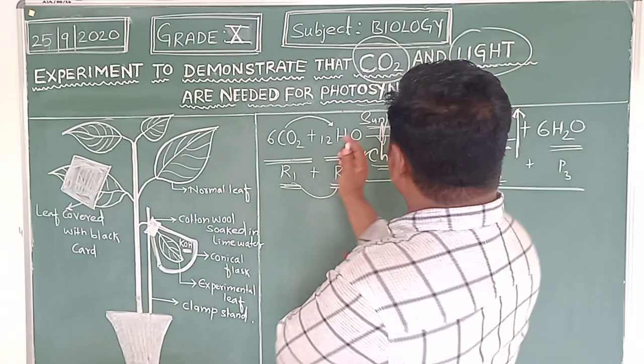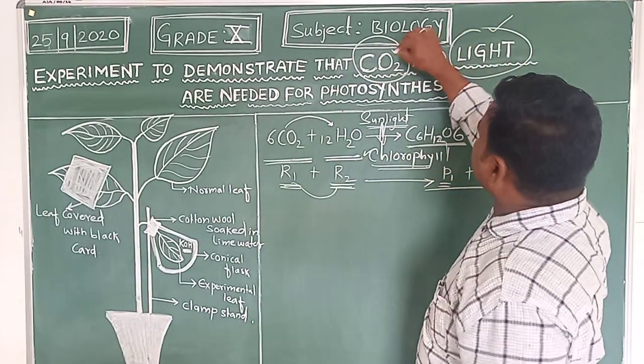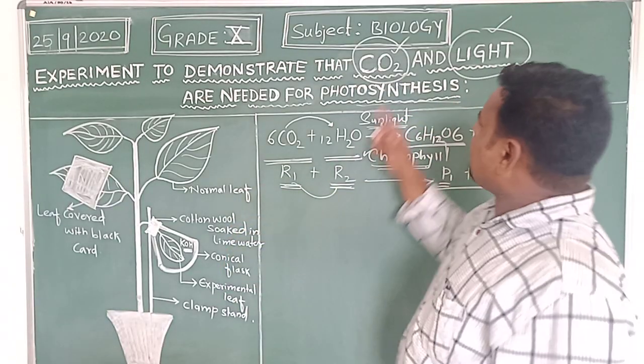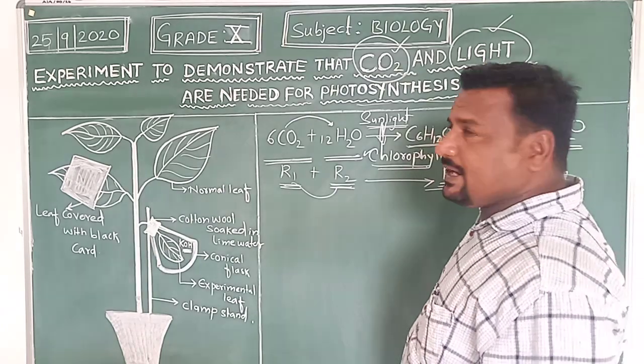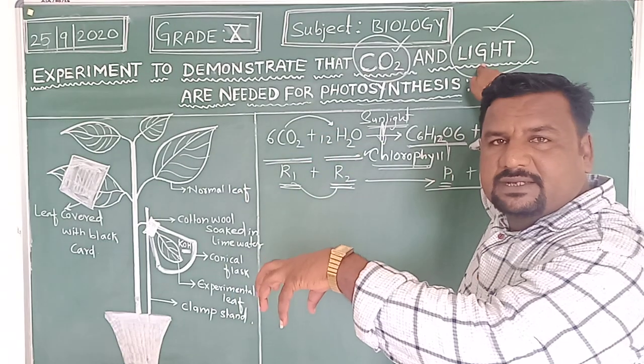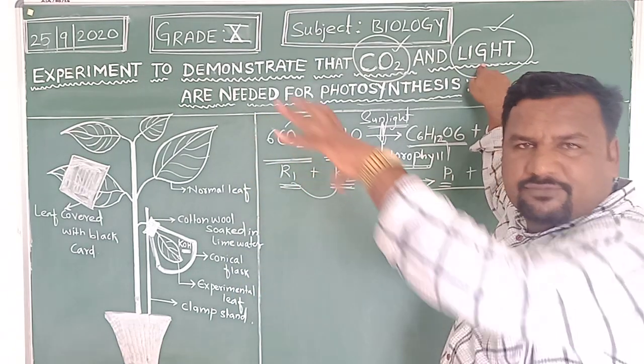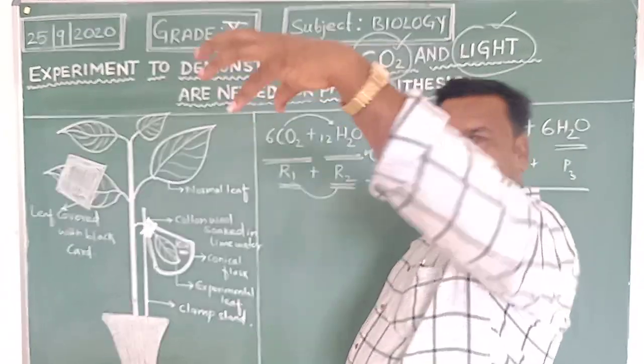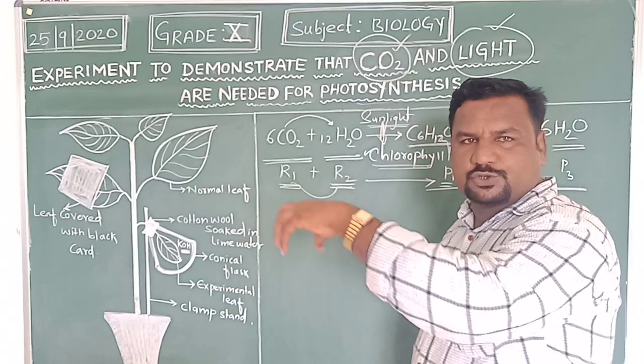So children, both light as well as carbon dioxide are external factors, because the chlorophyll pigment present in the plant traps the sunlight from outside sources, whereas carbon dioxide present in the atmosphere enters a plant body through the stomata.